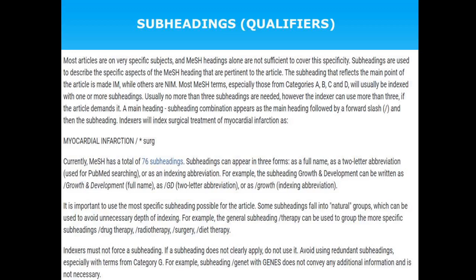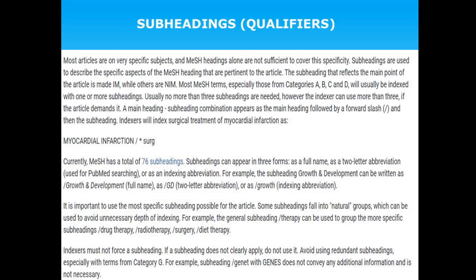Myocardial infarction. A main heading hyphen subheading combination appears as a main heading followed by a forward slash and then the subheading. So indexers will index surgical treatment of myocardial infarction as follows. Myocardial infarction will be IM also, and myocardial infarction will be one of the keywords.